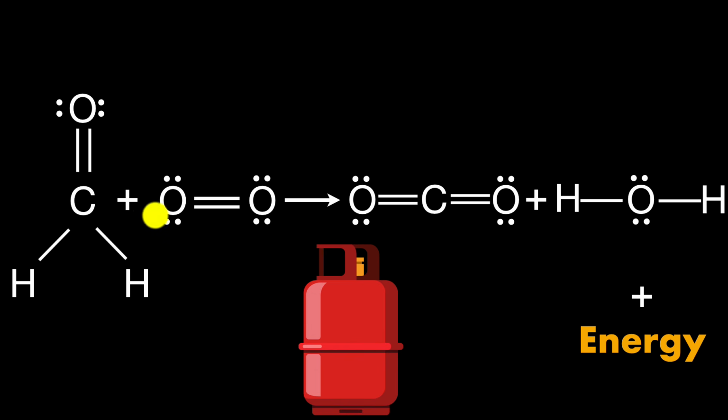These fuels contain a lot of C-H bonds, and during combustion, the bonds rearrange into new products, and that chemical change releases a lot of energy, which can be used to power our homes, for example. And because combustion reactions tend to release a lot of energy, fuels have high energy density, meaning a lot of energy can be stored in a small amount of fuel. That is just awesome for us.